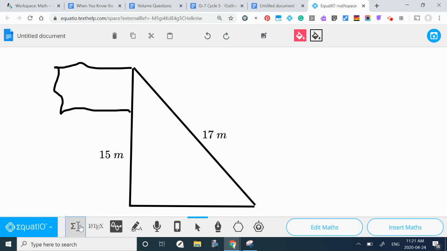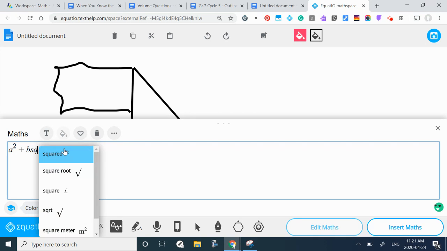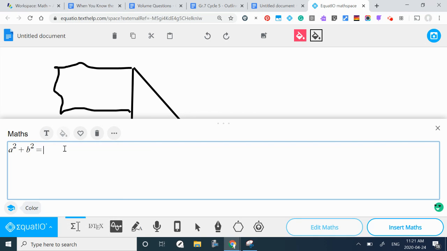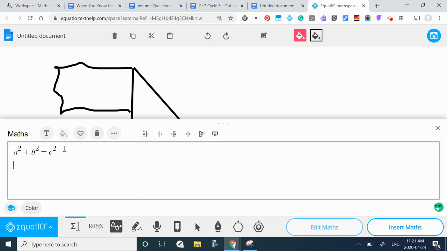So go into equation editor, and now I'm going to do A squared plus B squared equals C squared. I know that A is 15, so 15 squared plus B squared equals 17 squared.